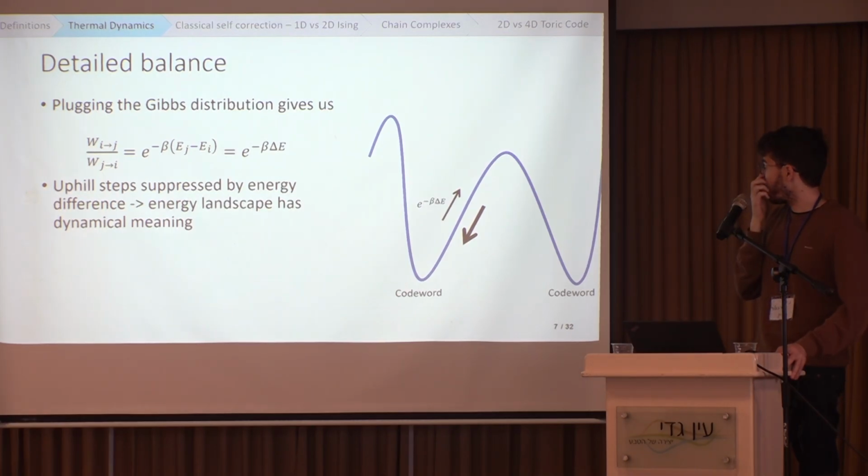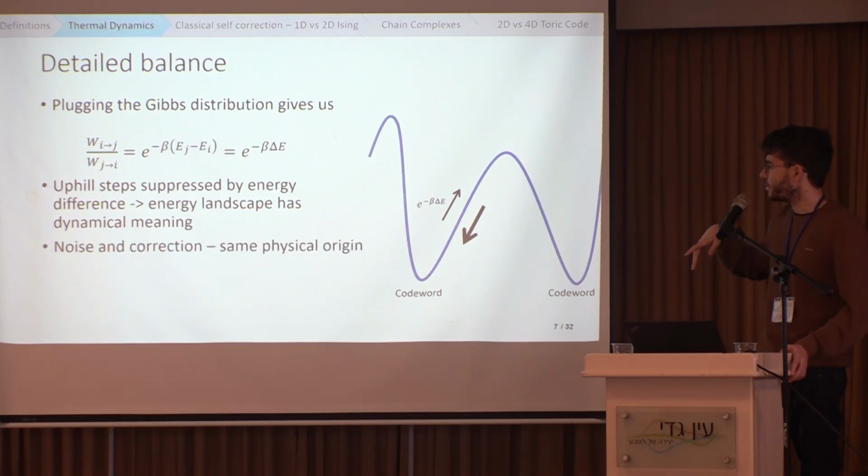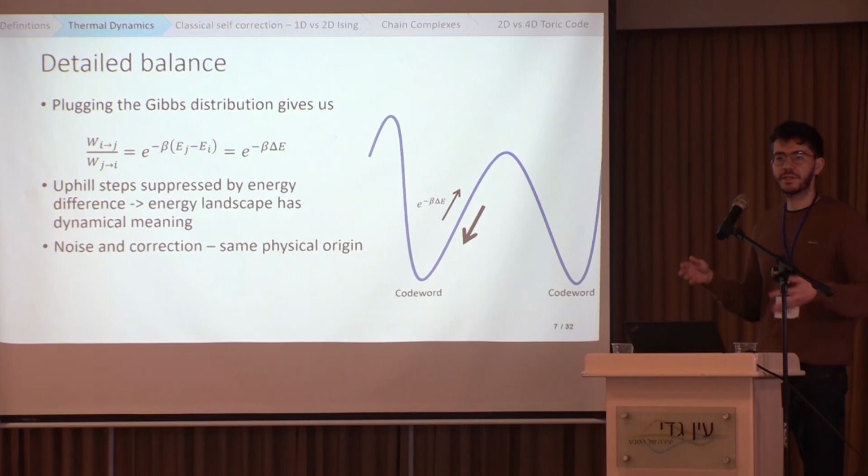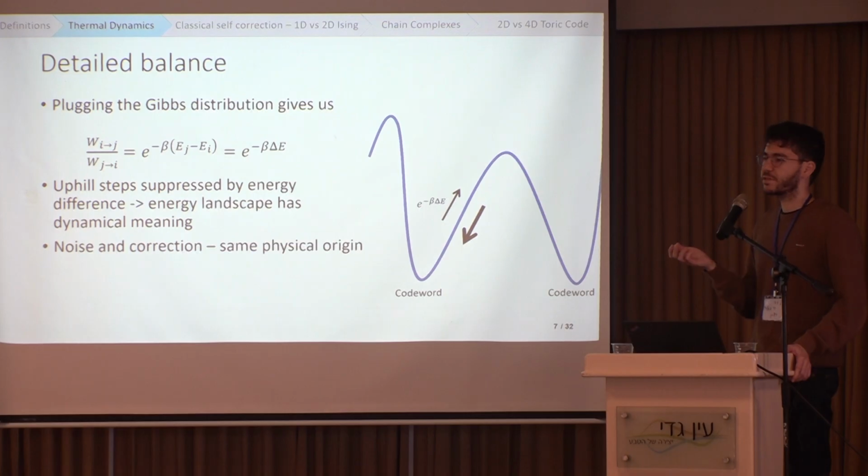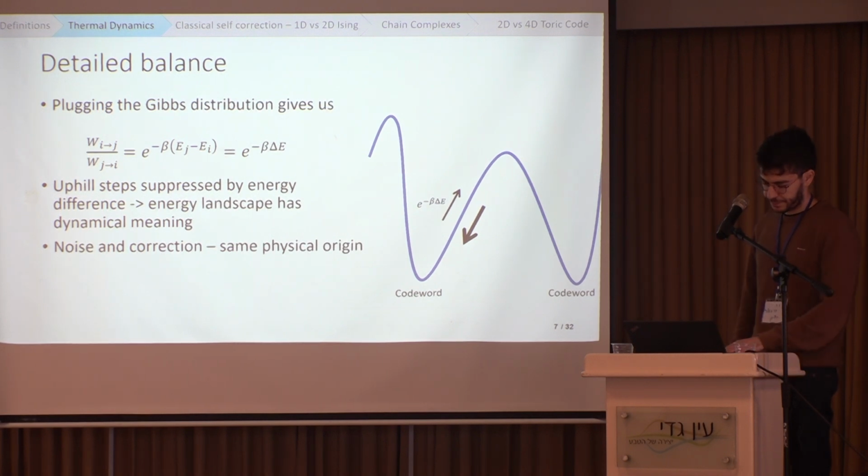So with the energy cost and the detailed balance, we get some condition on the rates, the ratio. It's also interesting to see that the noise, which is the source of all our dynamics from our bath, is also the correction mechanism, just by the tendency to go downhill and not uphill according to the energy.